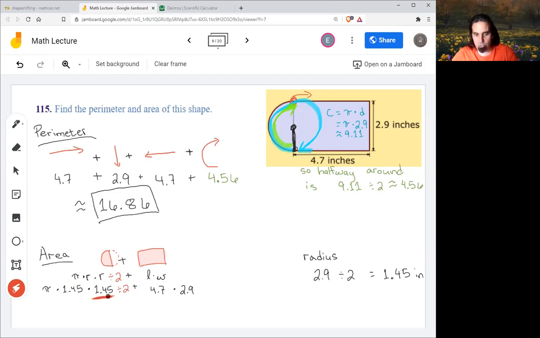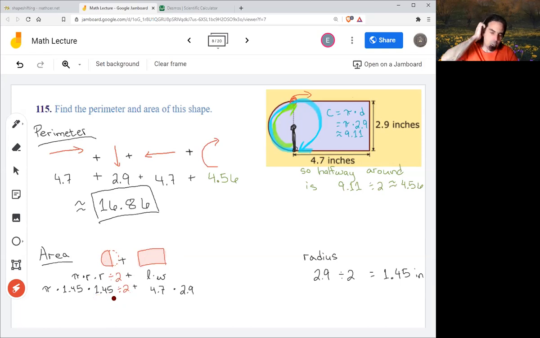This one is a measured thing, right? It is this distance on the picture. This 2 has nothing to do with anyone measuring something on this picture. This 2 is because I want half of a circle, not a whole circle. So this is part of my shapes working together. This is somebody took a ruler to this picture somewhere.